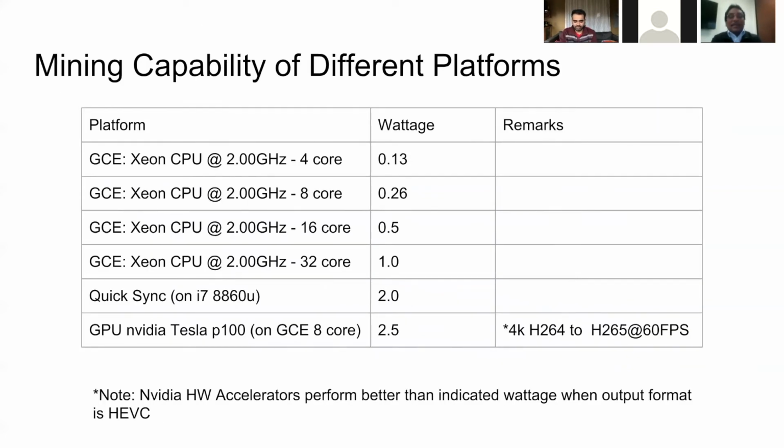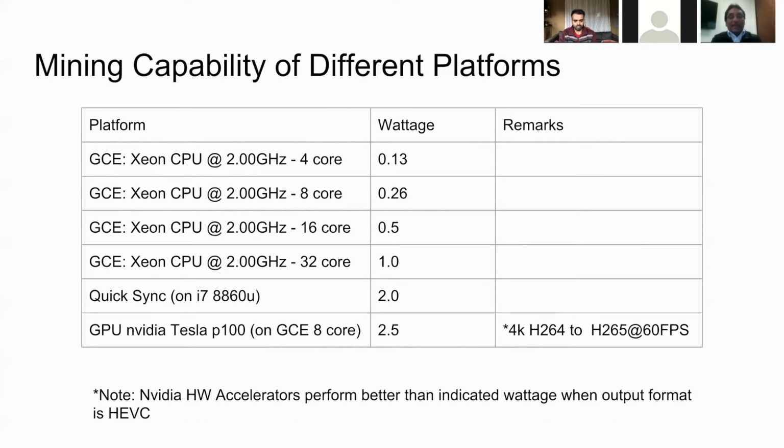We also extended the study to Intel QuickSync on some of their latest i7 processors, as well as NVIDIA's GPUs associated with Google instances. For the Xeon instances on the cloud, you can find a kind of uniformity between wattage and its transcoding capabilities.